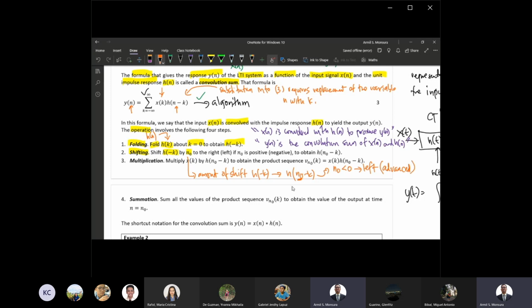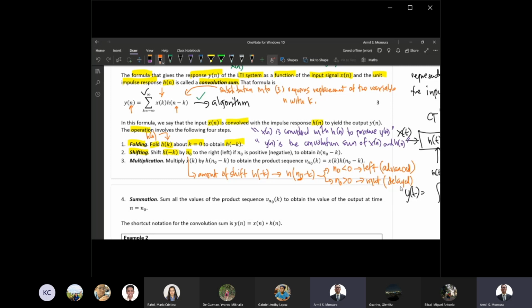So the resulting h of n0 minus k is an advanced version of h of negative k. While if n0 is positive, if we shift h of negative k with a positive amount of shift, the sample values tend to go to the right, which means the sample values tend to be delayed.